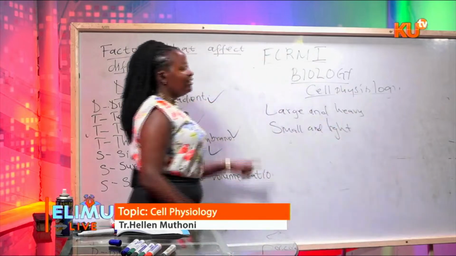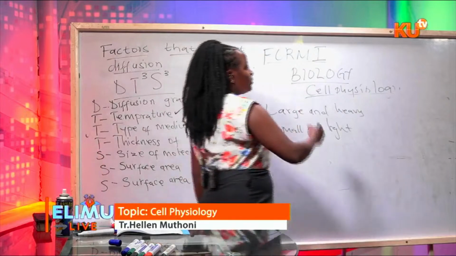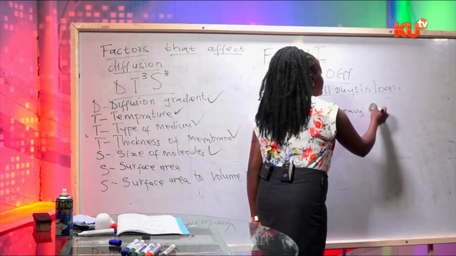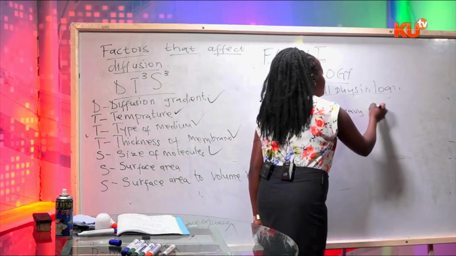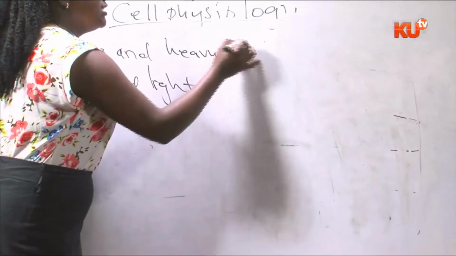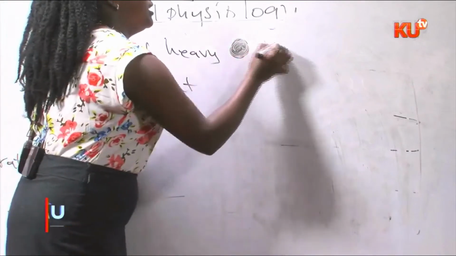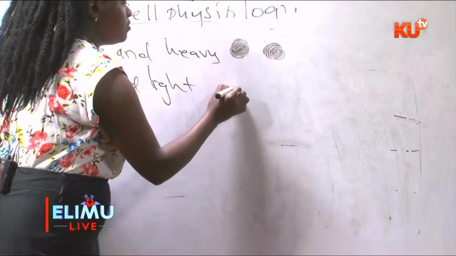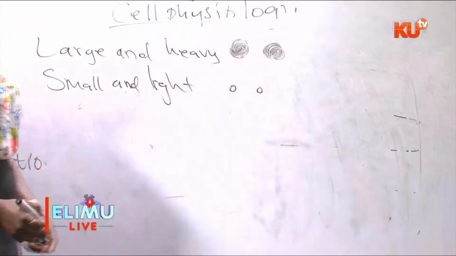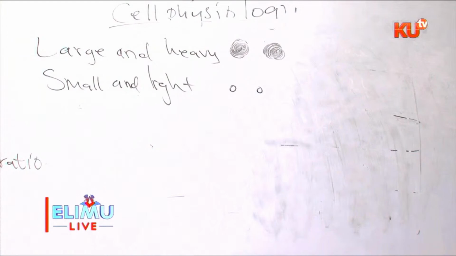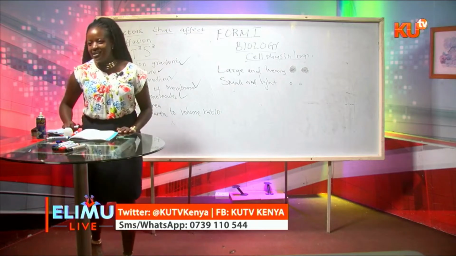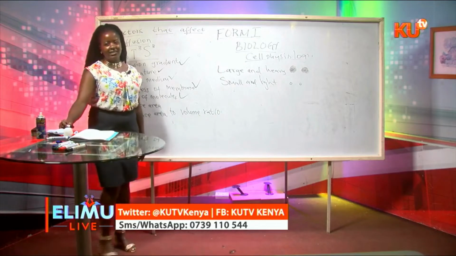So for large and heavy molecules, we can draw big shaded circles to demonstrate this. They are big in size and their weight is more. Then we have these two unshaded circles to represent small and light molecules.